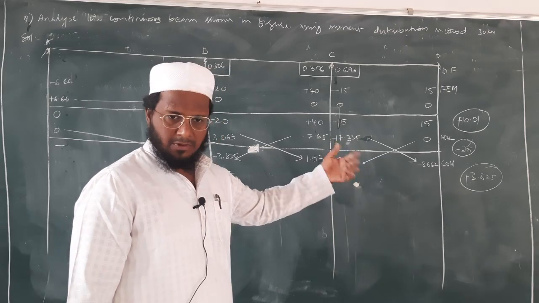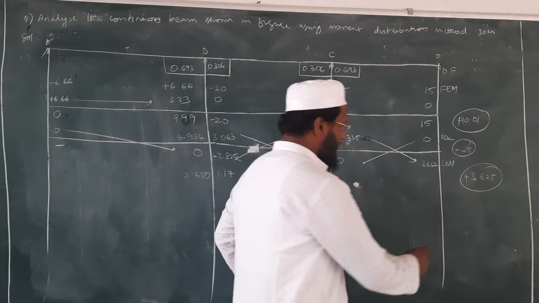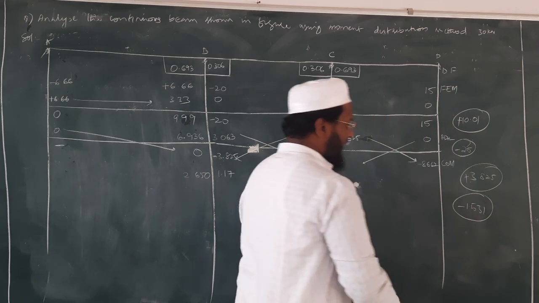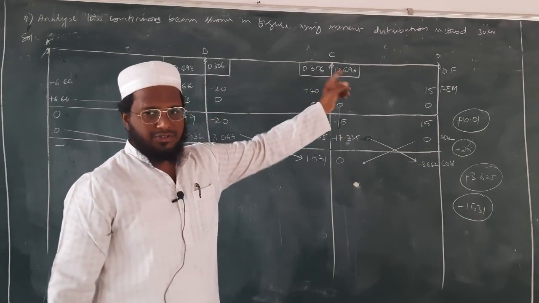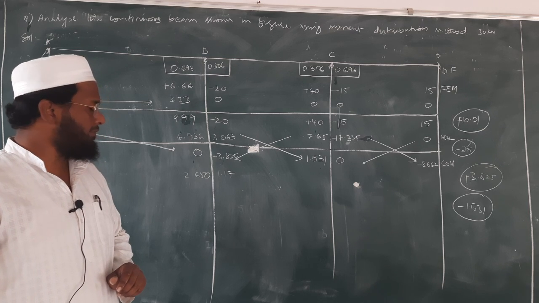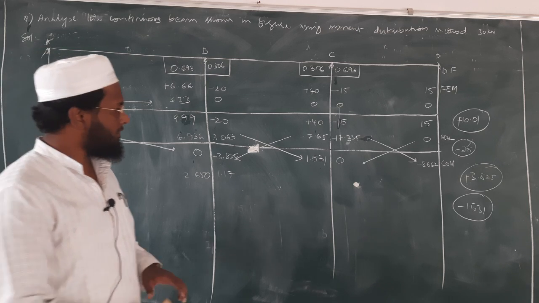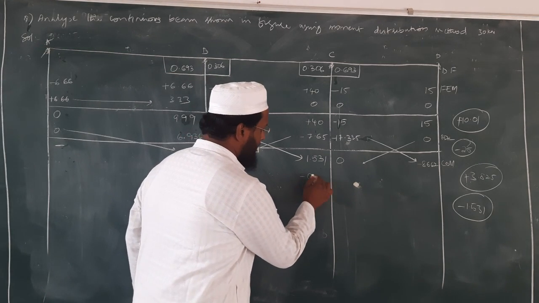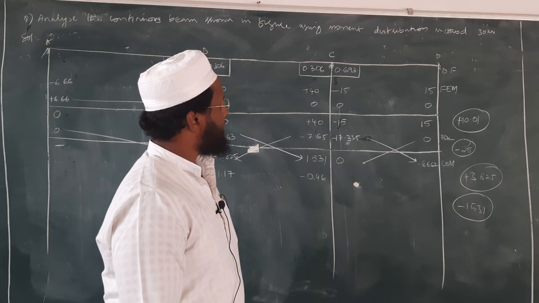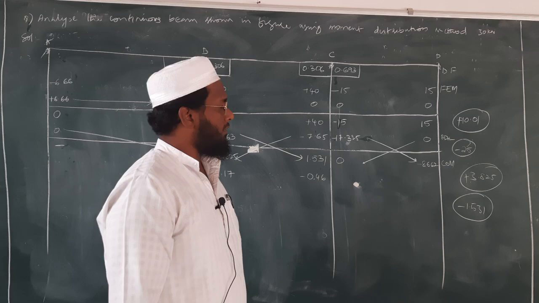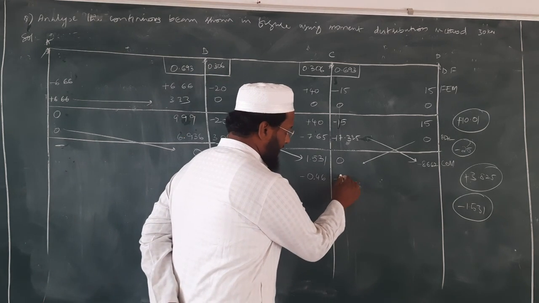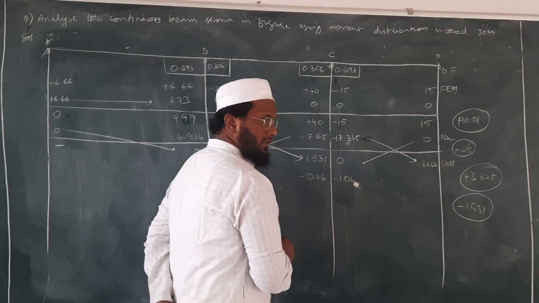Next, we will balance here now. 1.531 plus 0 is 1.531. Make it minus and multiply with the respective distribution factors. Minus 0.46. Next. 1, minus 1.06.